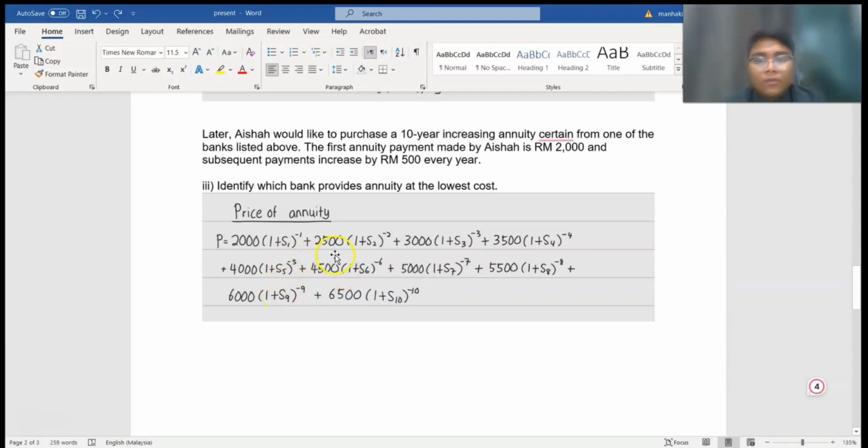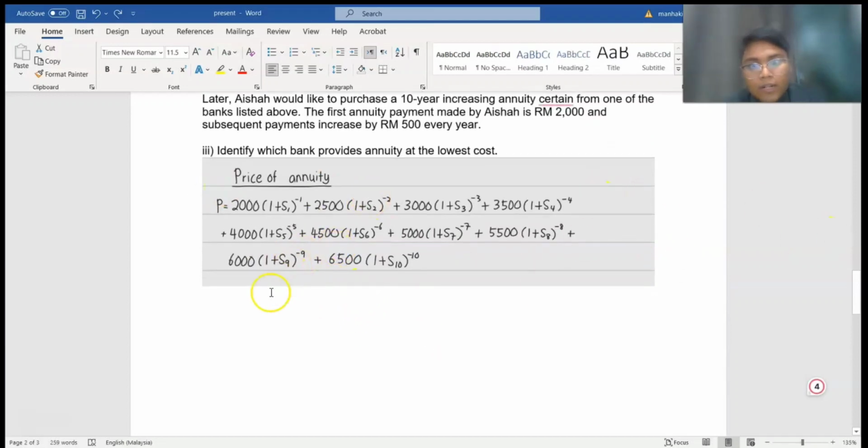So we need to discount it to time 0, which is 2000 V1, using the spot rate at 1 year, plus 2500 V2, which is 1 plus the spot rate at time 2, and until 6500 multiplied by 1 plus the spot rate at year 10, to the power of negative 10.